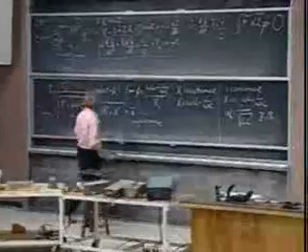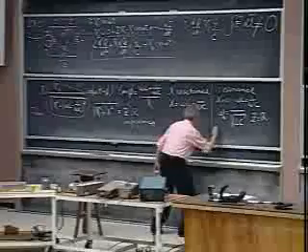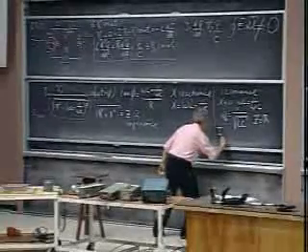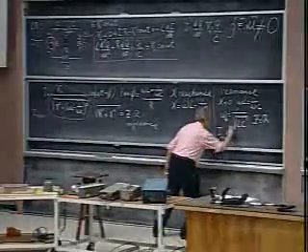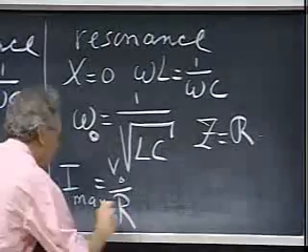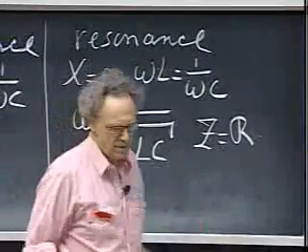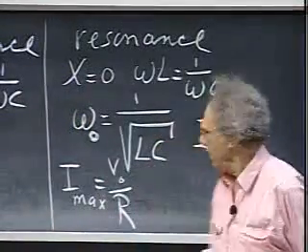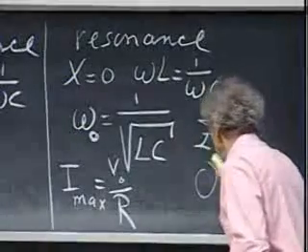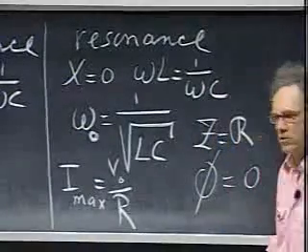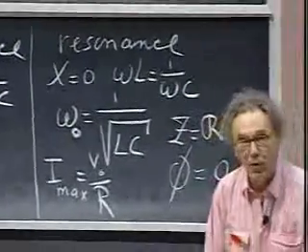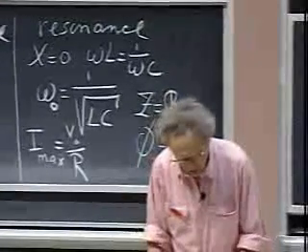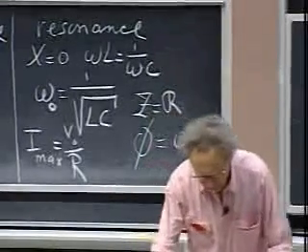And so you also see that the maximum current that you get is then simply V0 divided by R, because Z, the impedance, is now R. And in addition, phi then becomes 0. So the driving voltage is then in phase with the current that follows.